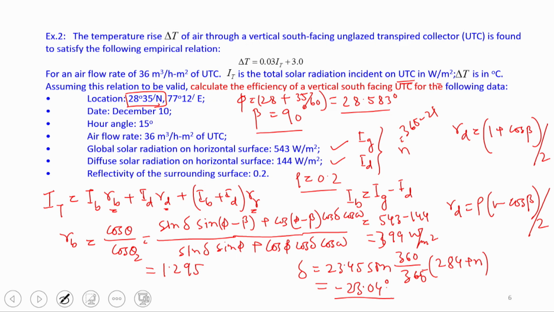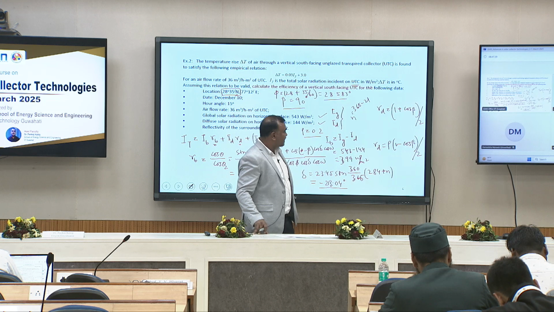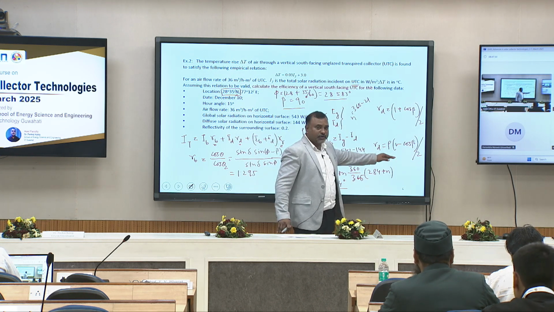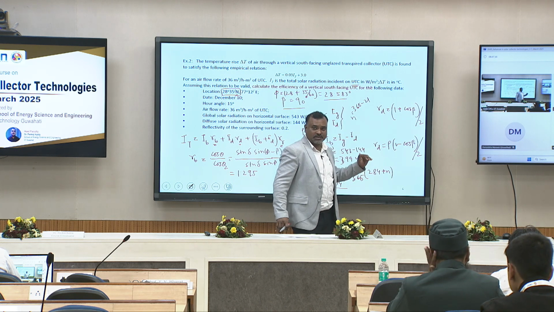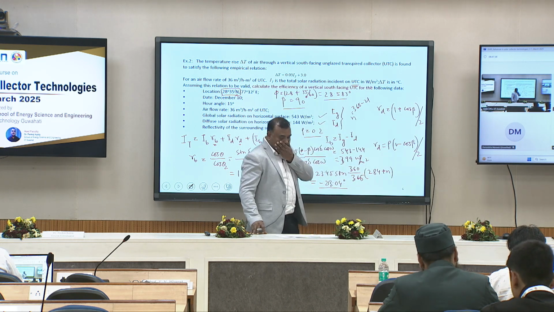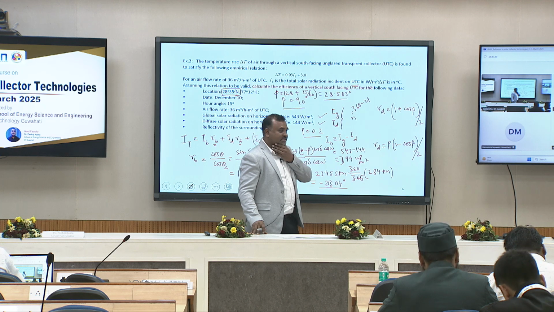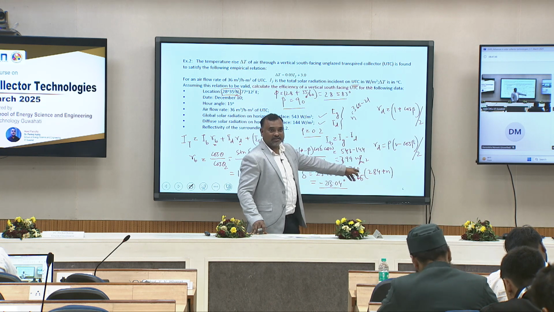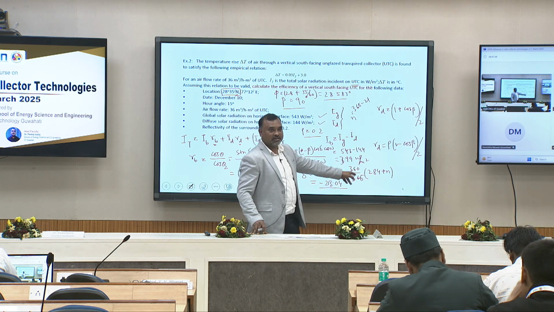Okay. So what are the values of RB, RD and RR? This is the view vector with respect to the ground. Okay. So for reflective surfaces, like when your place is covered by snow, this point will be very crucial.